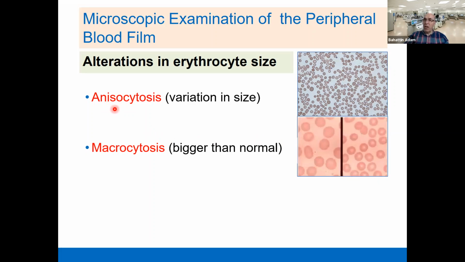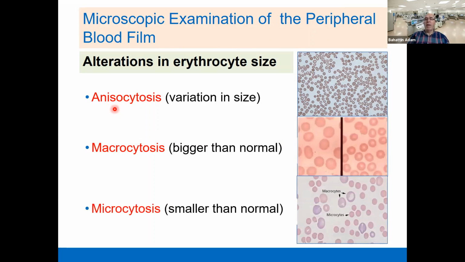Anisocytosis is a general name for variation in size, but if they are bigger than normal, we call macrocytosis. If they are smaller than normal, we call microcytosis.